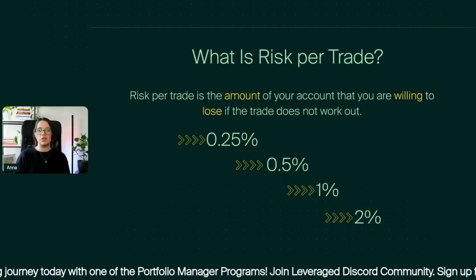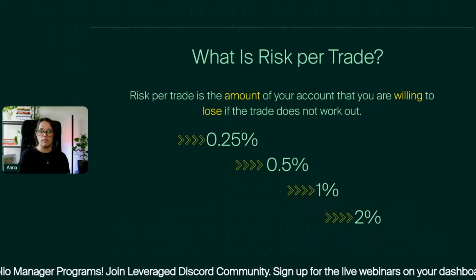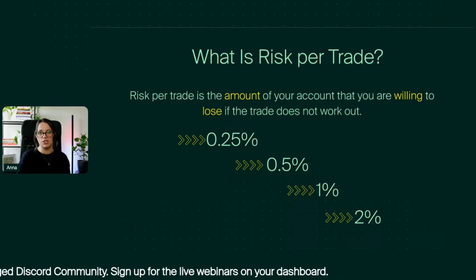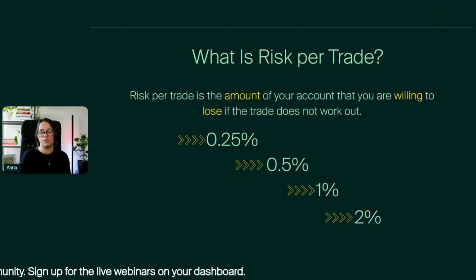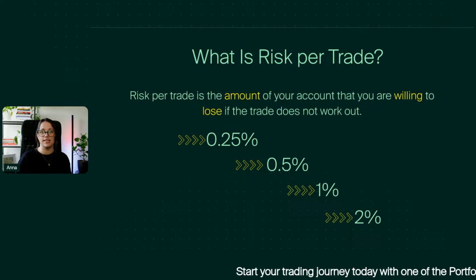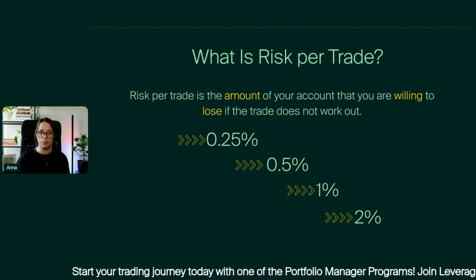So risk per trade, yes, you pick it based on your trading, like your data. Let's say the bigger the losing streak, probably the better to use the smaller risk, right? Especially if you are trading with the prop firm, because prop firms have drawdown rules in place, and it's simply because we want to make sure that the traders know how to manage their risk properly, right?